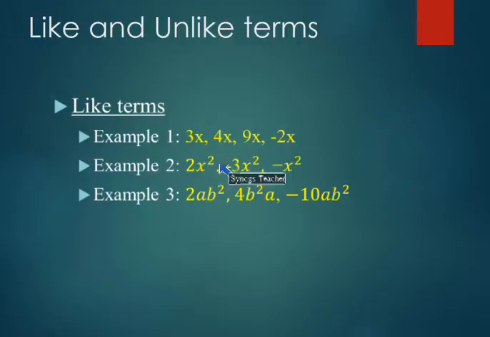As you can see, again the variables are same here, that is x square. The third example is 2ab square, 4b square a and minus 10ab square. As you can see, again the variables are same here even though the arrangement of factors are different, that is ab square. So all these are examples of like terms.